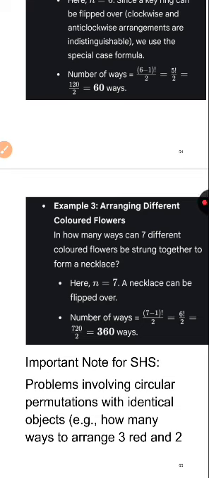The total number of distinct flowers is 7, so you subtract 1 from it, take the factorial, 6 factorial, then over 2. The 2 is constant. The 2 means that we are taking half of it.